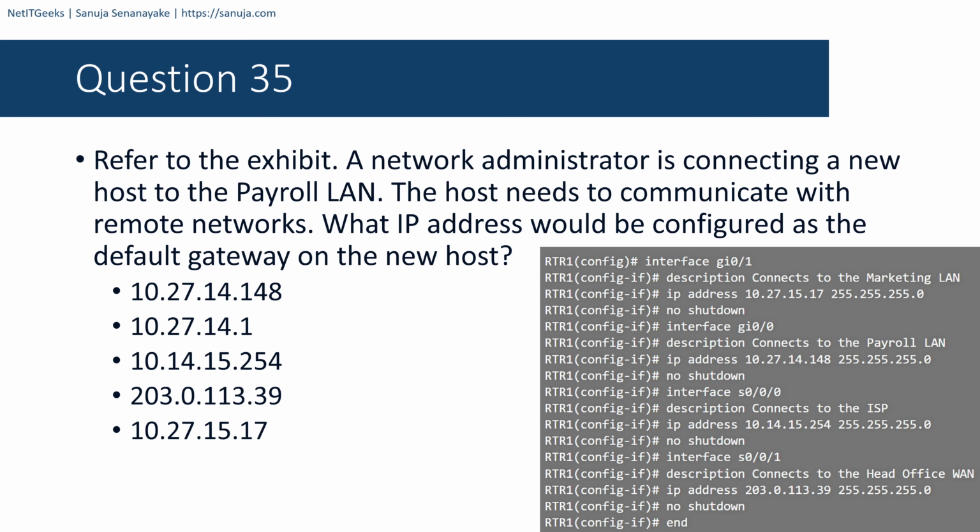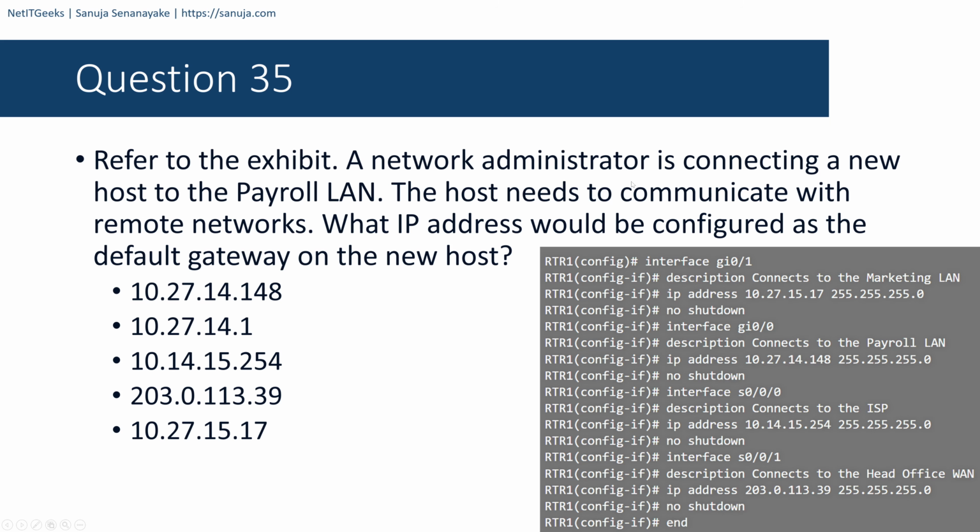What IP address would be configured as the default gateway of the new host? Again, Cisco may give you a Packet Tracer file to answer this question. In that case, you would go into the configuration of the host and check the gateway it is connecting to. In this situation, we don't have that luxury. We have a screenshot of the configuration on the bottom right-hand corner.